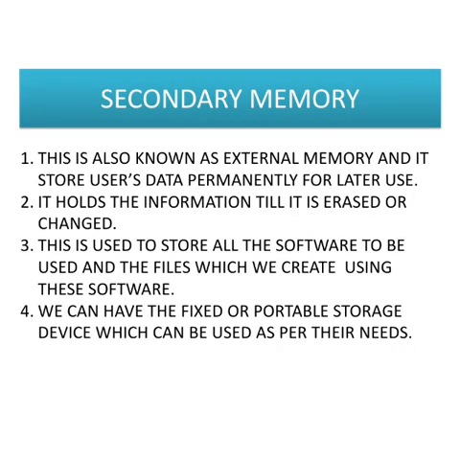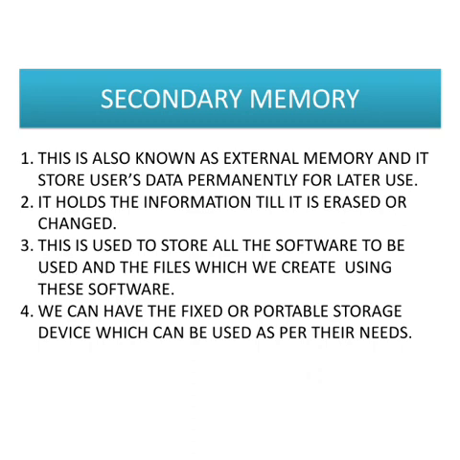Next is secondary memory. Right now we have covered the two classifications of primary memory, that is RAM and ROM. Now next is secondary memory. This is also known as external memory and it stores users' data permanently for later use.